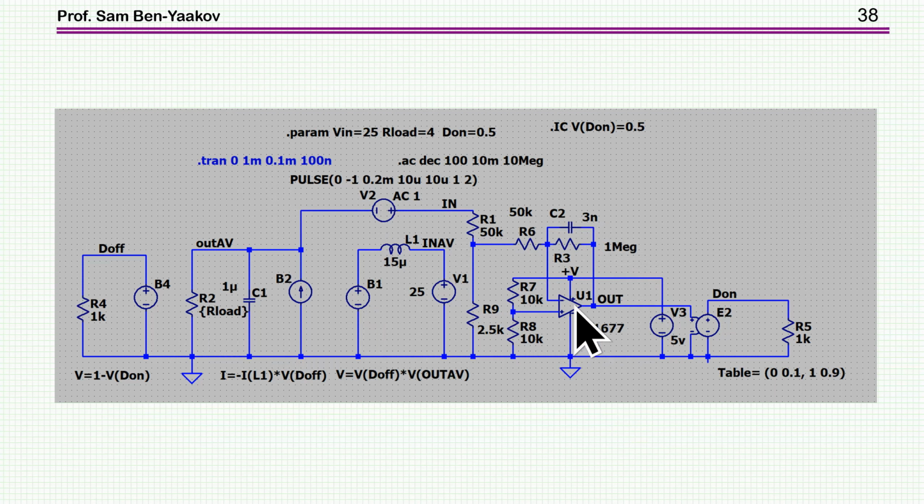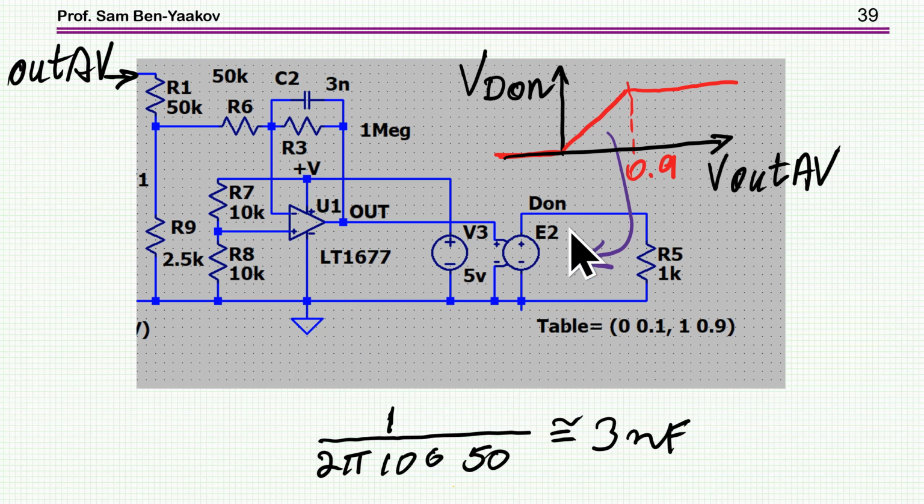I built it around an operational amplifier. This is a divider. I have here, this is 5 volt, so this is 2.5 volt. So here this divider brings the output voltage to 2.5 volt. And then here is the simple compensator, just a simple pole, first order, like type 1, you might call it, while the breakpoint is determined by the resistor, of course, and the capacitor. So here it is. This is the compensator.